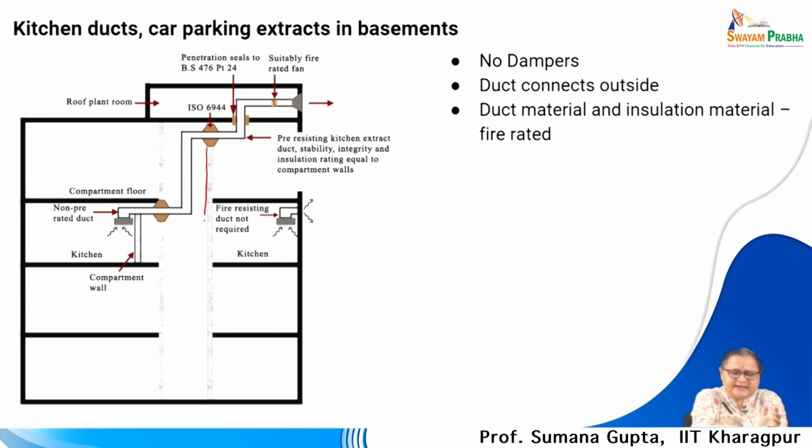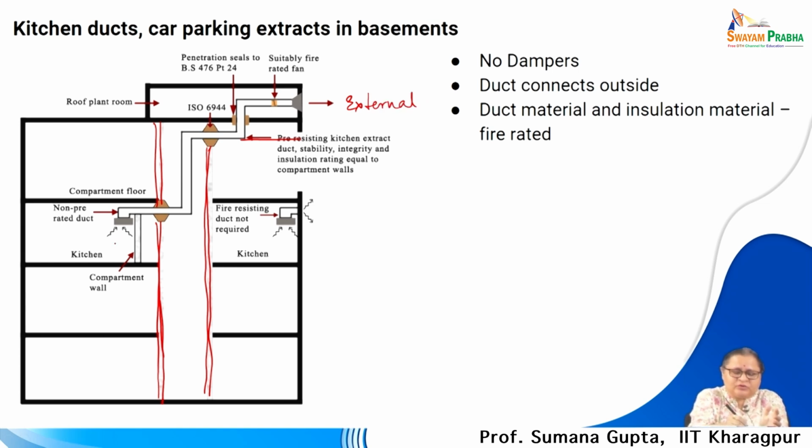So, this is actually the duct through which the kitchen is getting its exhaust. These are mostly for high rise buildings. So, the kitchen exhaust goes through a duct which is passing through this chamber and leading to an external.